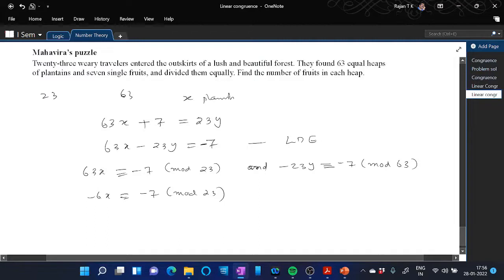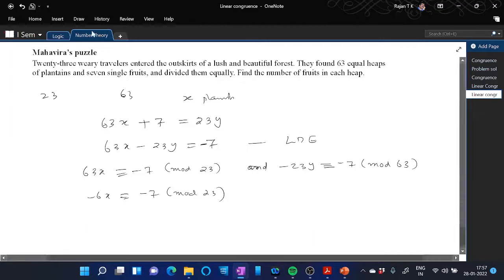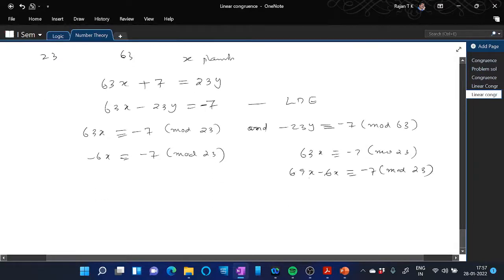In other words, 63x can be written as 69x minus 6x, and 69x is a multiple of 23, so minus 6x congruent to minus 7 mod 23.